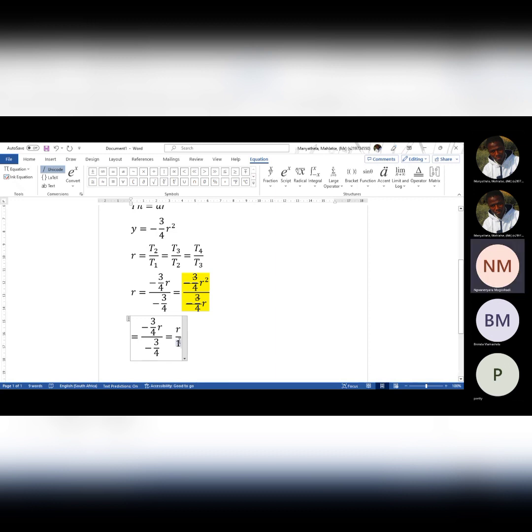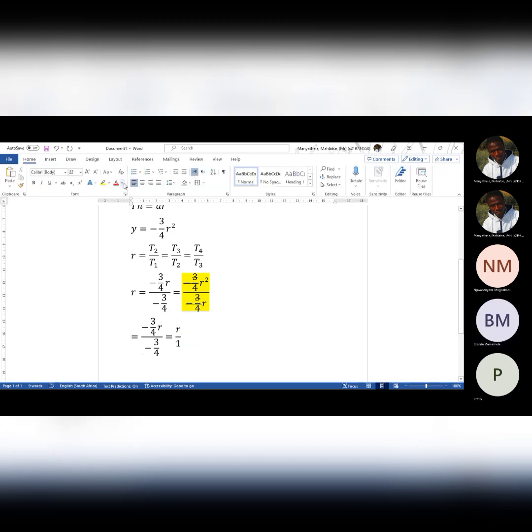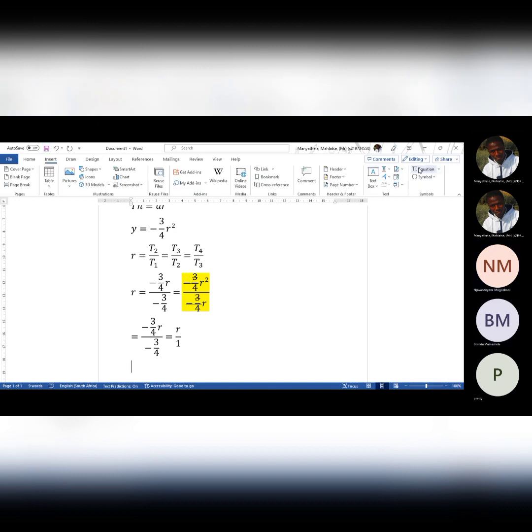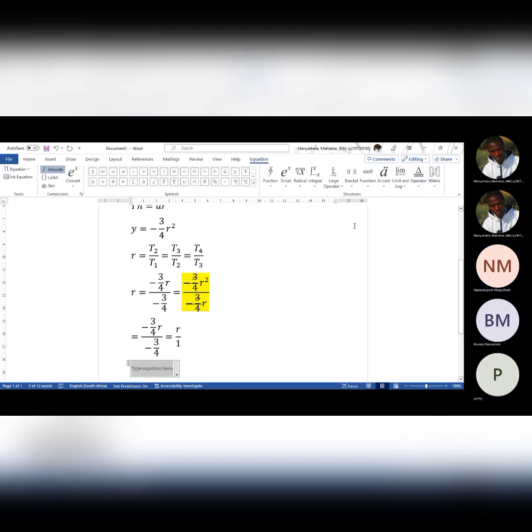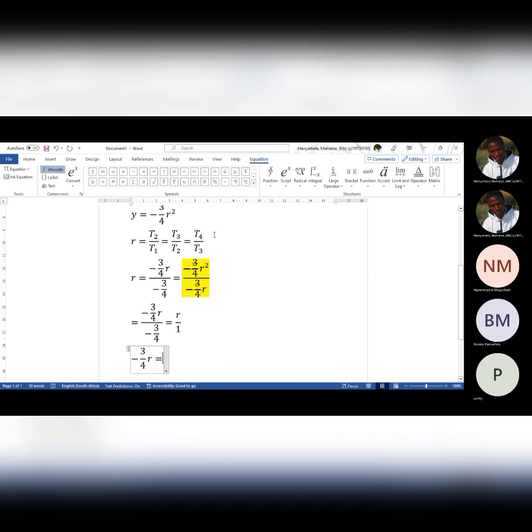Let's do cross multiplication: over minus 3 over 4 because we multiply by 1 over 4 r, equal to. There's something that doesn't make sense.